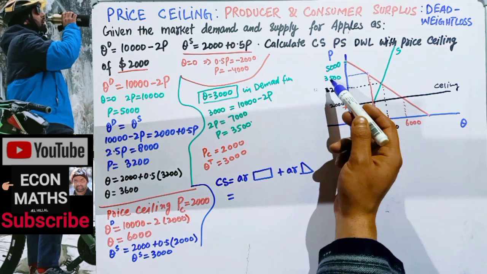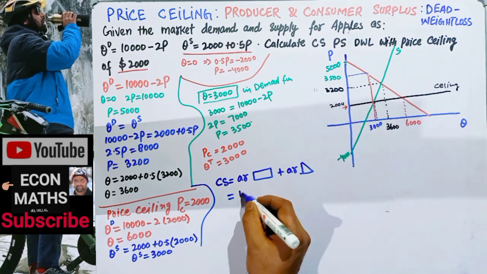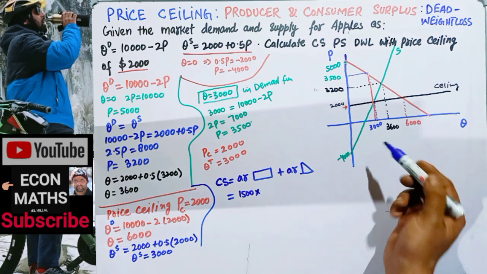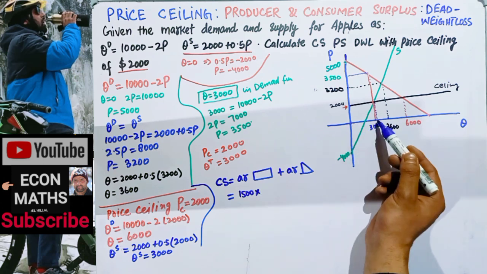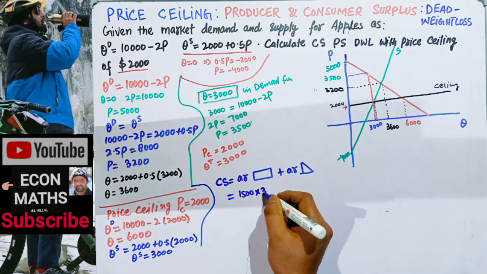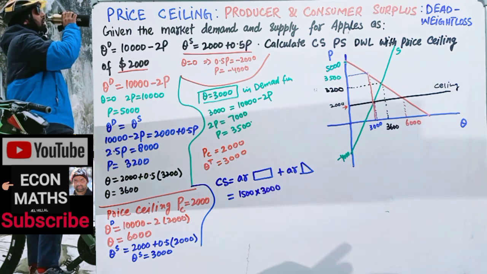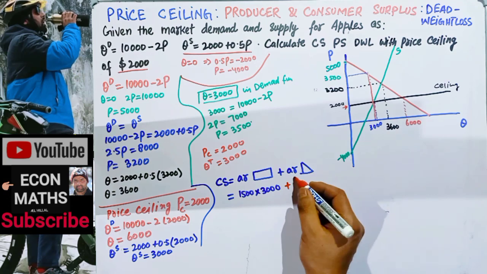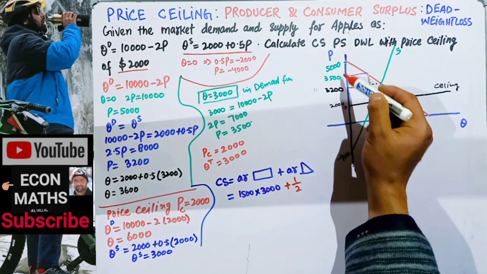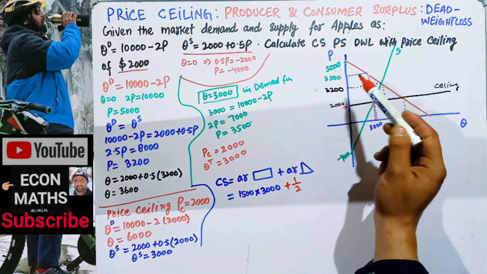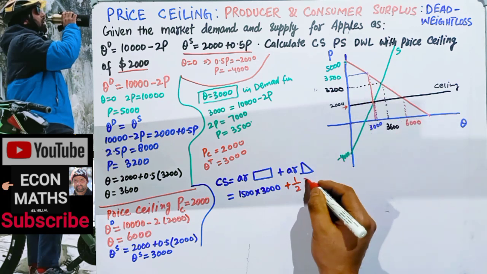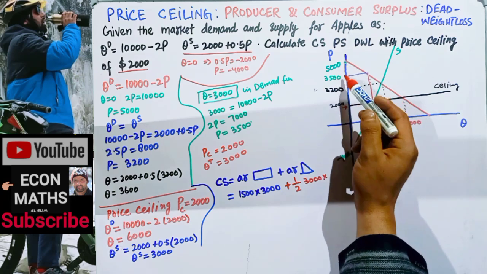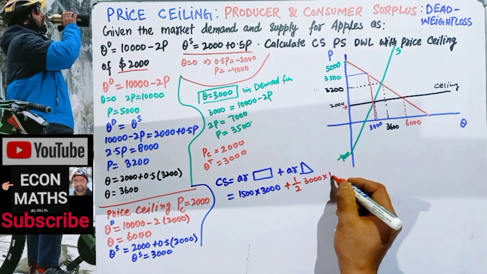So length is here 3500 minus 2000, it comes out to be 1500, times width, which is again 3000, plus what is the area of a triangle? It is 1/2 of base. So this is our triangle, its base is again 3000, times what is the height? 5000 minus 3500, it comes out to be 1500.